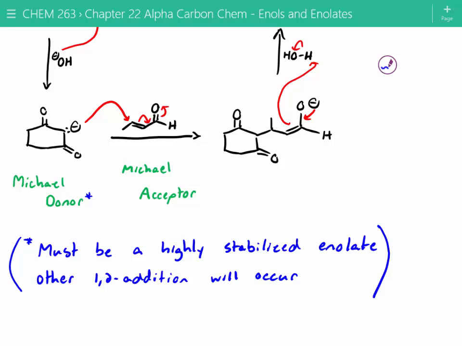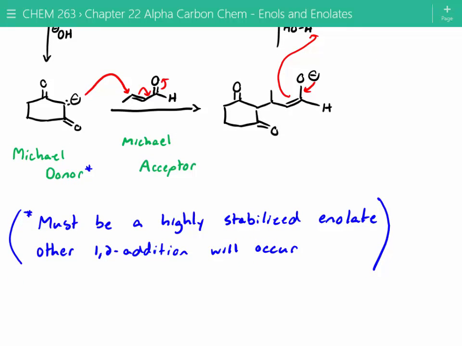Because it's a highly stabilized enolate, it makes it less nucleophilic, so weaker nucleophiles like to do 1,4 addition, not 1,2 addition. So Michael addition reactions are usually in between two carbonyl groups or next to a really, really strongly electron withdrawing group. So let's take a look at some common Michael donors.